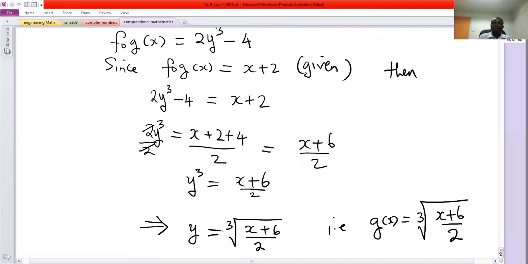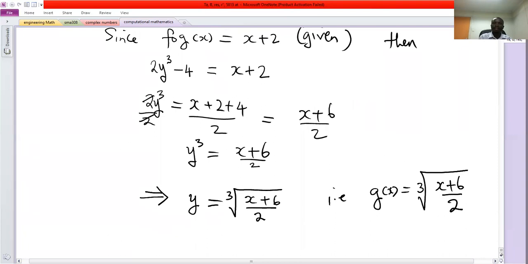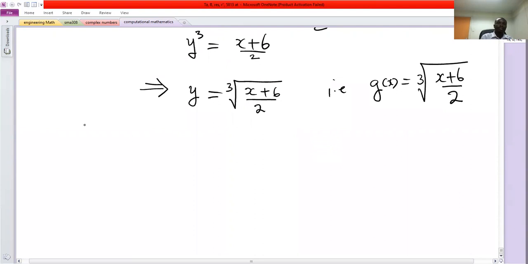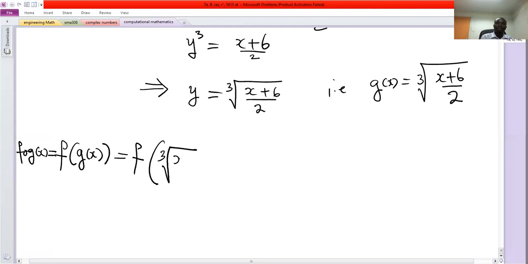And by the way, you can prove that what we have is the correct answer by using the definition of f composed with g. So g we are claiming to be the cube root of x plus 6 over 2. And remember, f of x in the question was given as 2x cubed minus 4.